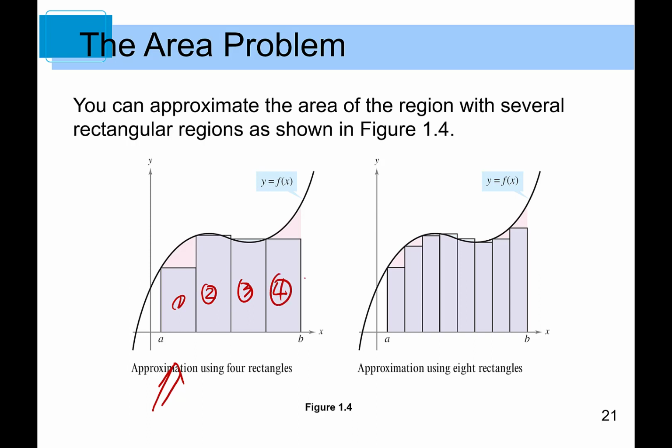And when we combine all the areas of the four rectangular regions, that's going to be the approximate area bounded by x equals a and x equals b. And the second graph, as you can see, we turn into 8 different areas.